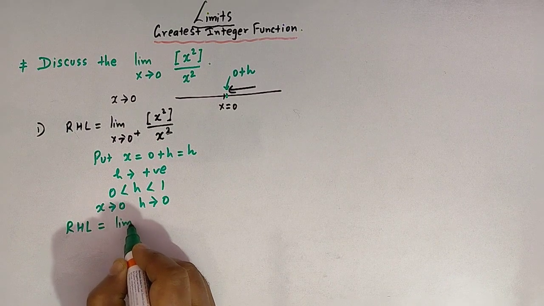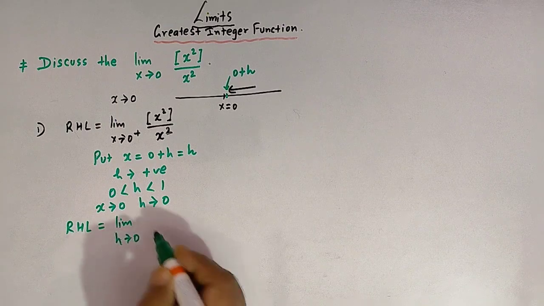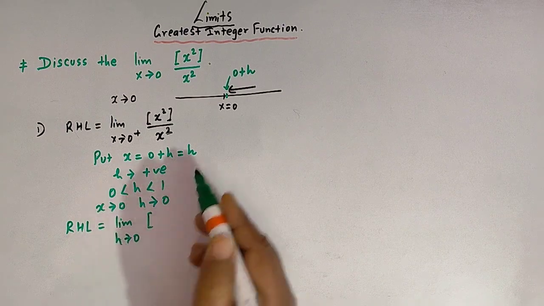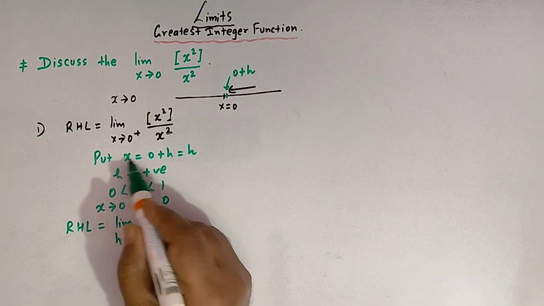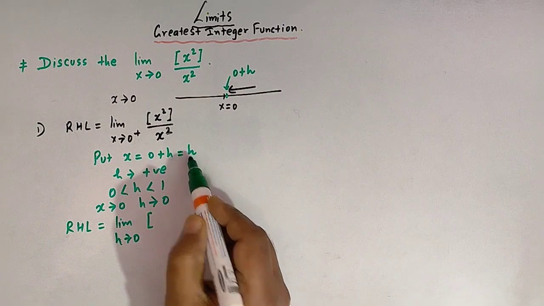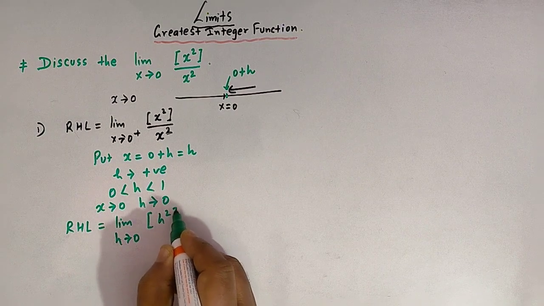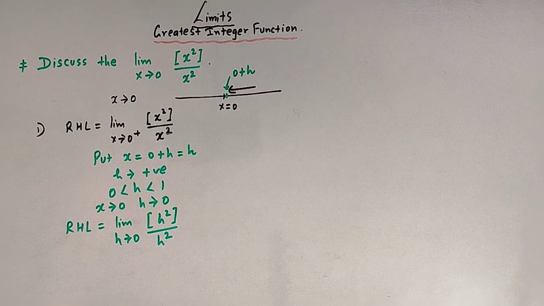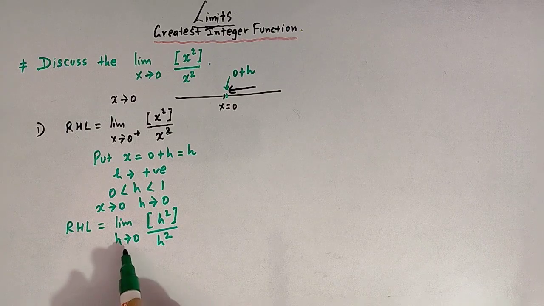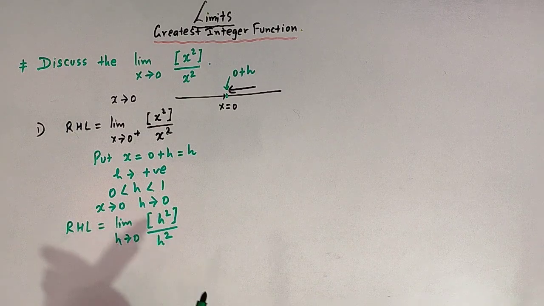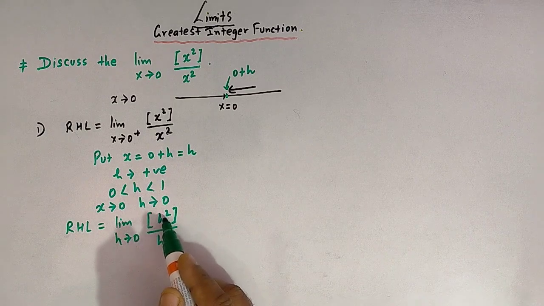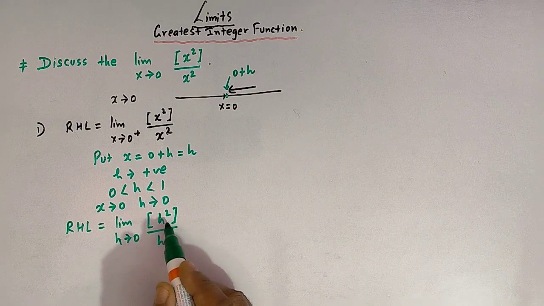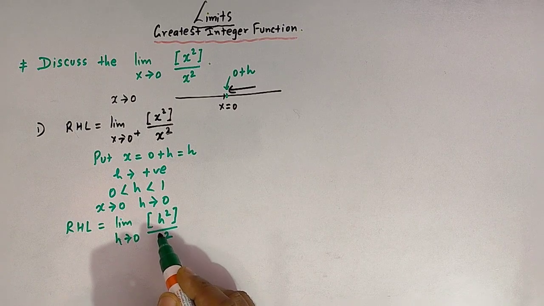We have limit h tends to 0, and here we have greatest integer of x square, so x is 0 plus h, which is simply h, so we have h square here, and here also we have h square, right? Now there is an important concept: we cannot directly substitute h is equal to 0 in this function, right?